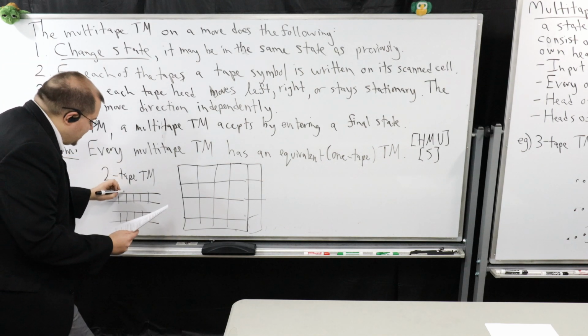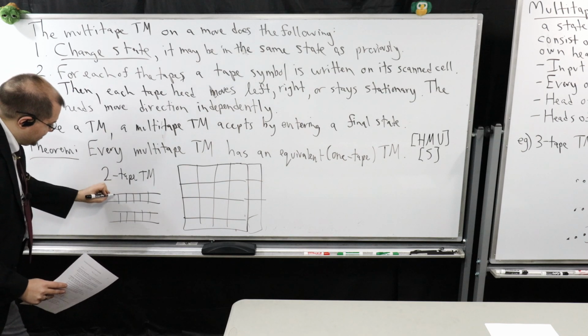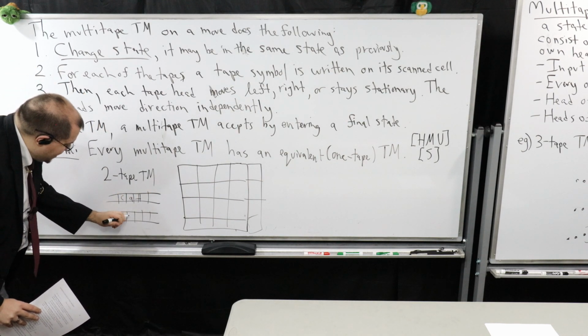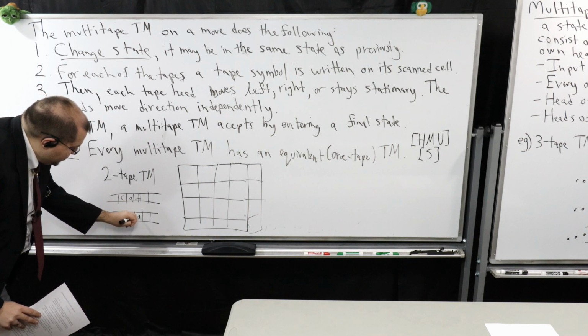So here's an idea of how I would go about this. Suppose I had a word like cat right here, and right here I have dog.